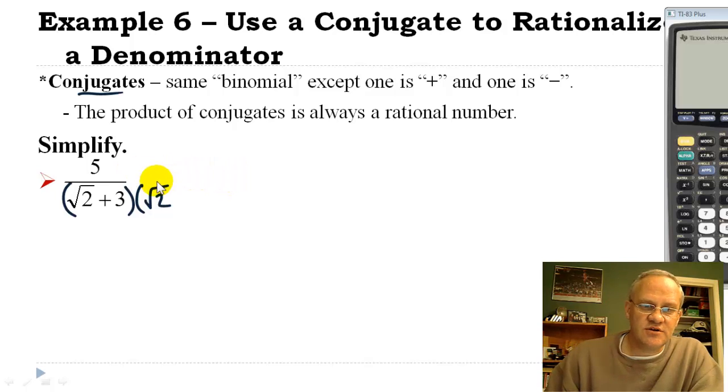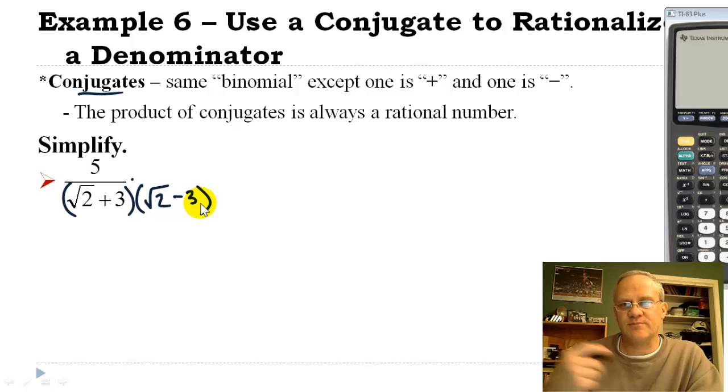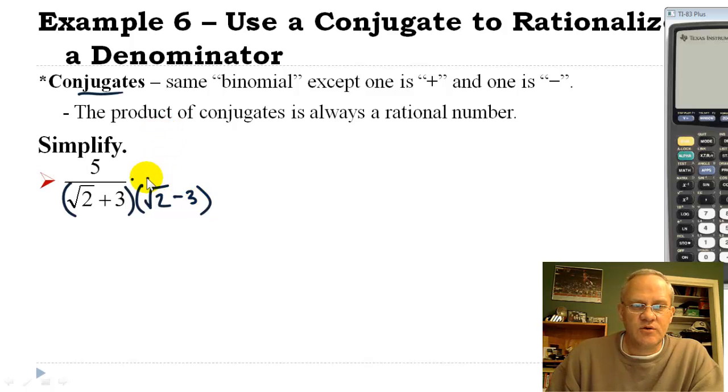So what we have to do here is multiply by the conjugate, which the conjugate of this would be square root of 2 minus 3. Remember what happened in the last example? When we FOILed those, we got a rational number on the bottom. So square root of 2 times square root of 2 is square root of 4, which is 2. When I do the outside, that's minus 3 square root of 2.